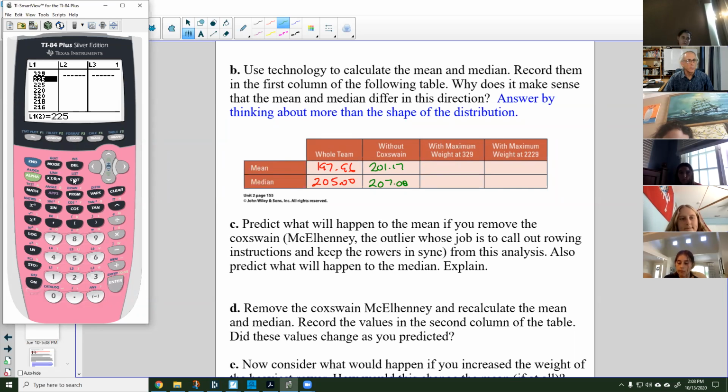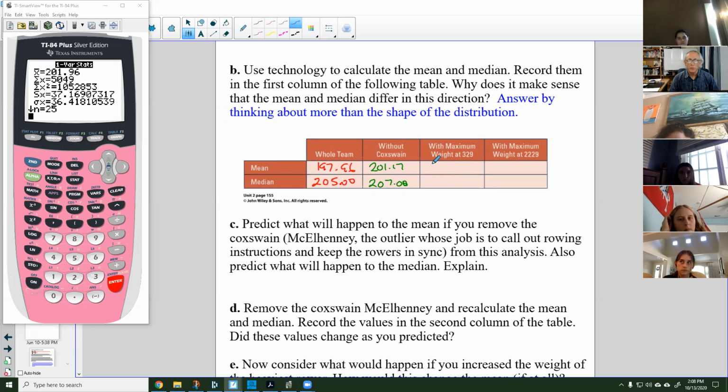And now I'm going to go stat, calc, one variable statistics. I'm still doing L1. I hit enter. And my mean is now 201.96. We added 100 pounds to the whole team, and the mean has gone up from 197 to 201. The whole team's mean went up.